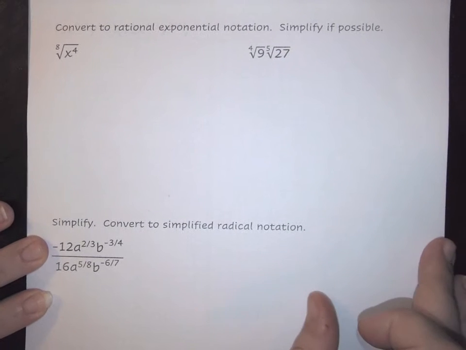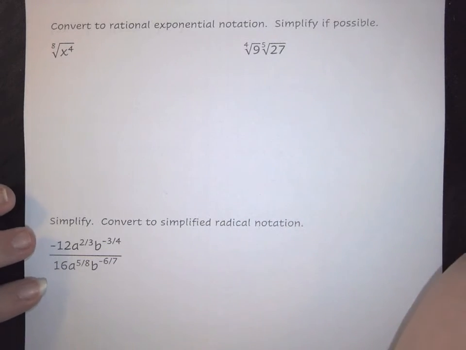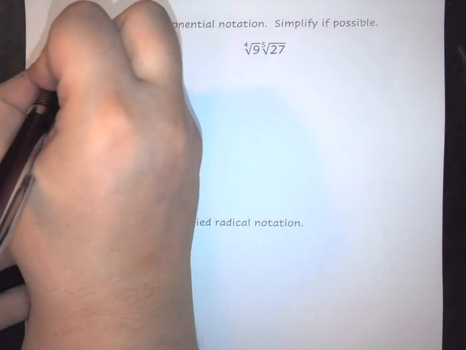Now another thing that you need to know how to do is convert to rational exponential notation, or basically turn a radical into a fractional exponent. So again, what that's going to come from is knowing what these mean.